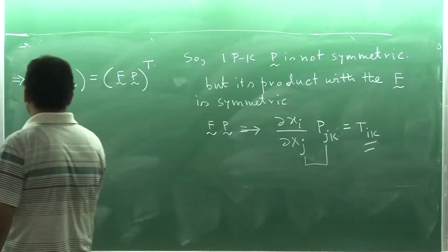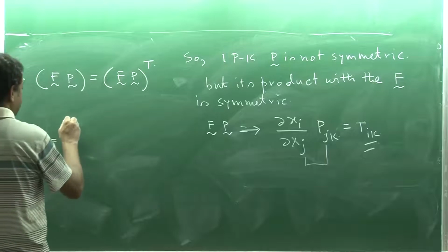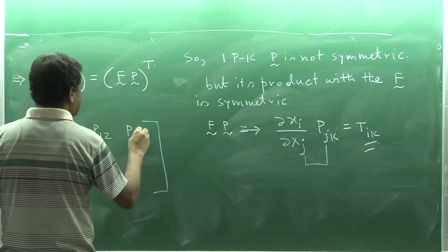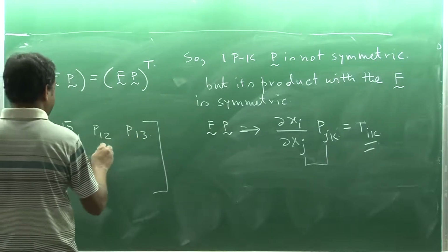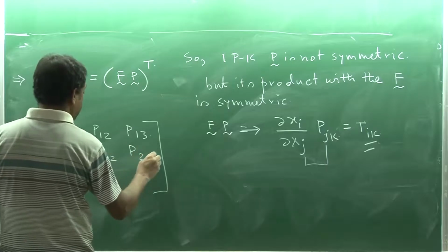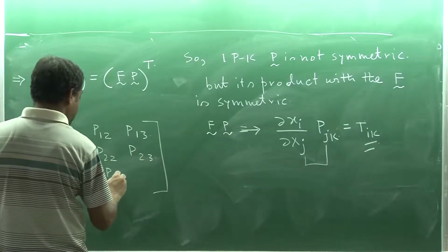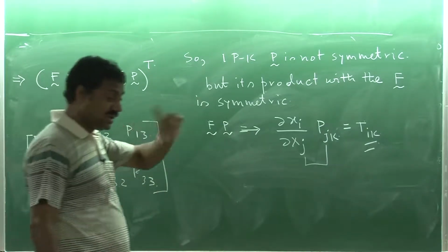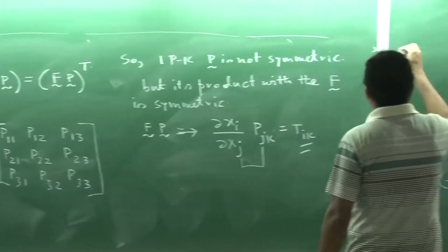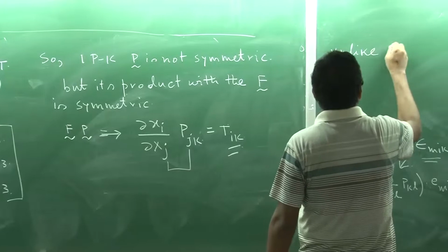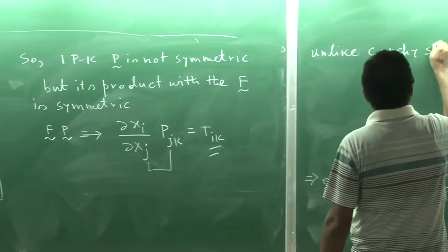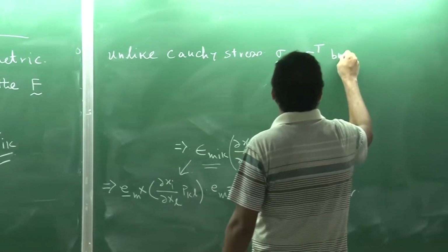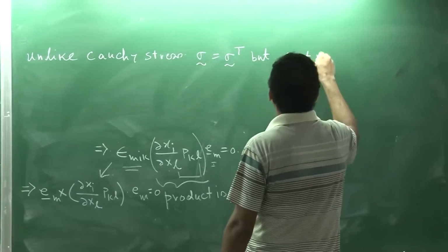The P tensor is not a symmetric tensor, so we should write P 11, P 12, P 13, and P 21 is different, P 22, P 23, P 31, P 32, P 33. So, unlike the Cauchy stress tensor, which was symmetric, sigma is equal to sigma transpose, but P is not equal to P transpose.